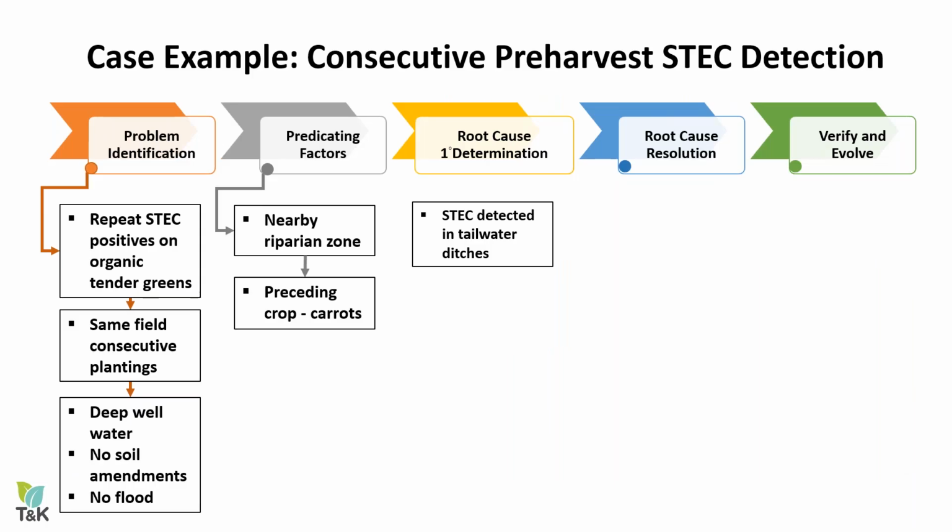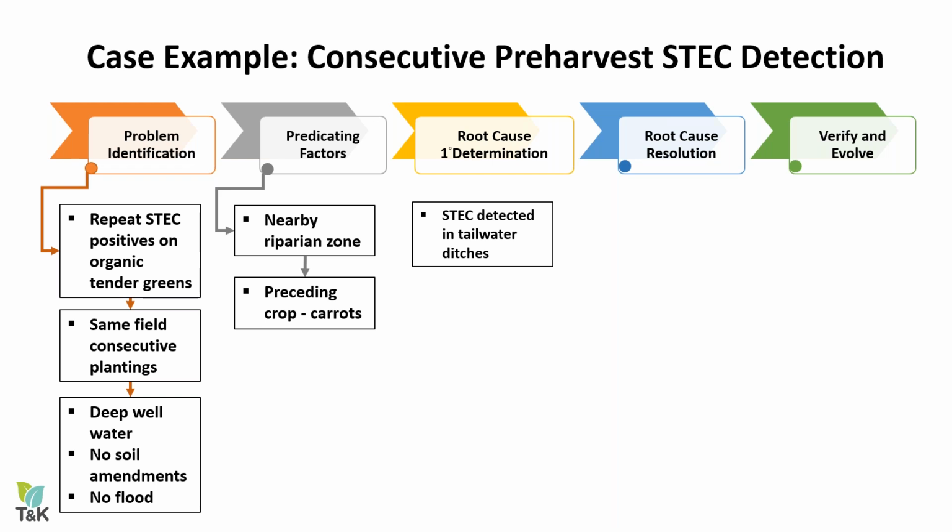I know that maybe without knowing who's on the line, I've used this one before, but I think it's a good illustration of this type of approach to constructing root cause analysis. So here, pre-harvest Shiga toxin producing E. coli was detected multiple times in the same field in consecutive plantings on tender greens, baby greens.